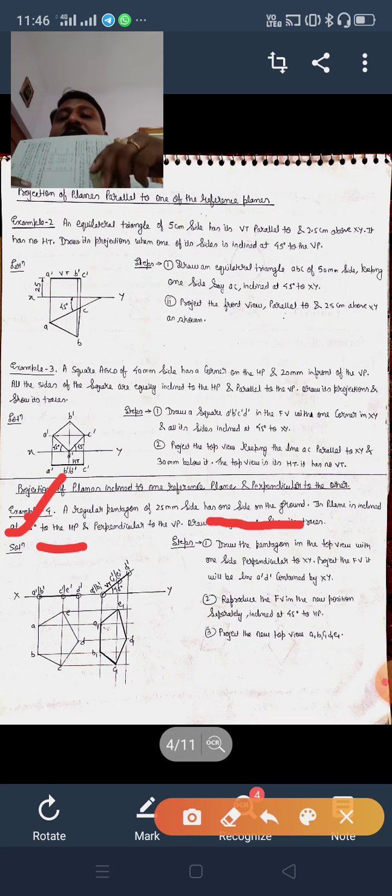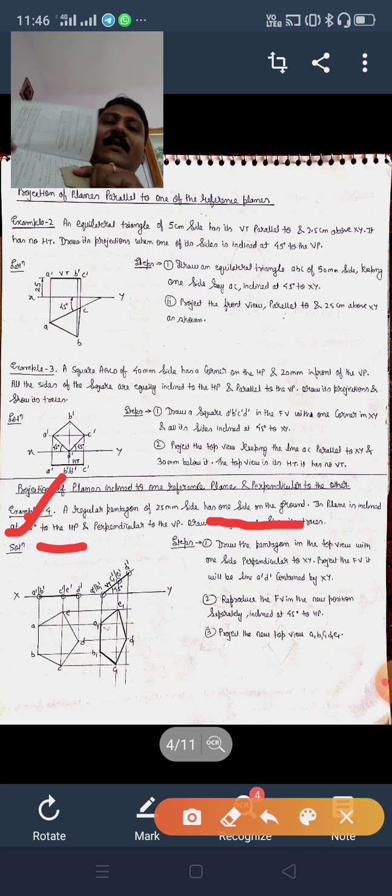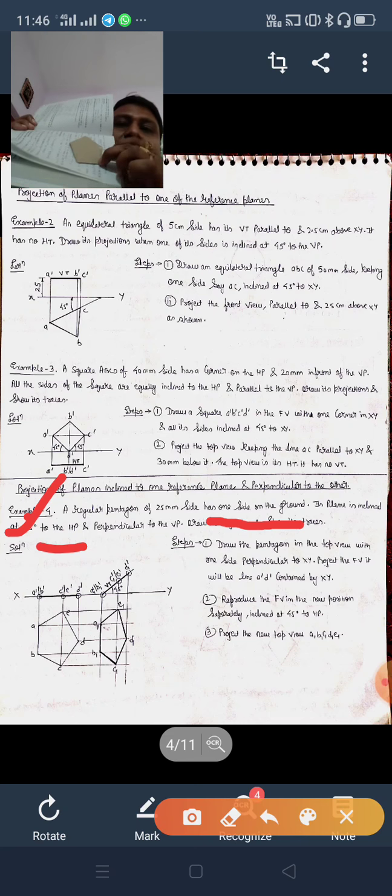So this condition is not possible. What are we thinking? One side on the ground. So now we have to draw the pentagon below the XY line such that one side is projected to HP, on the ground. If I keep my pentagon like this, then if we project to the XY line, it will project the corners, and no side is coming.